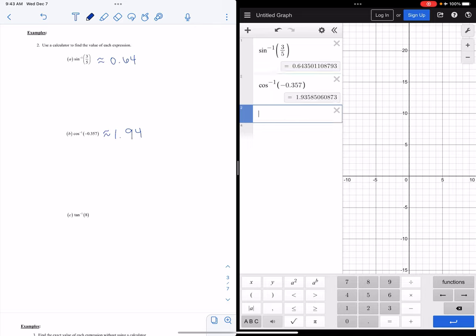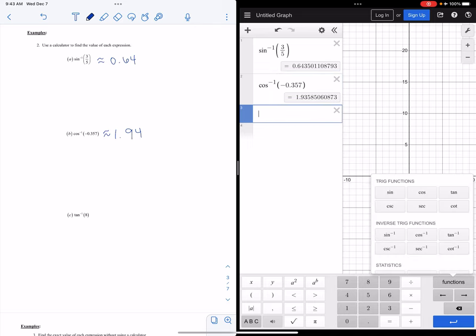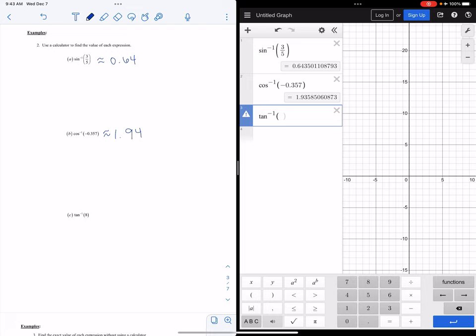And our third one, tangent inverse, same thing, find your tangent inverse button. Tangent inverse of 8 gives us about 1.45.